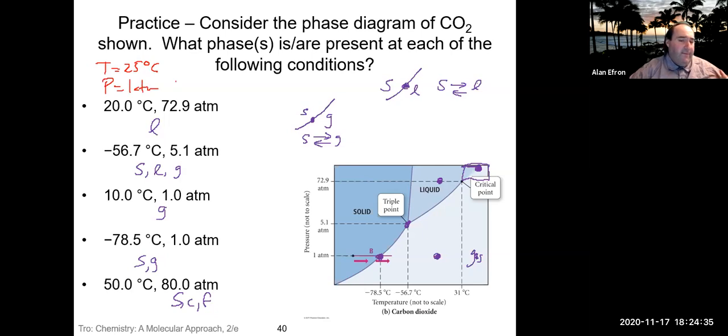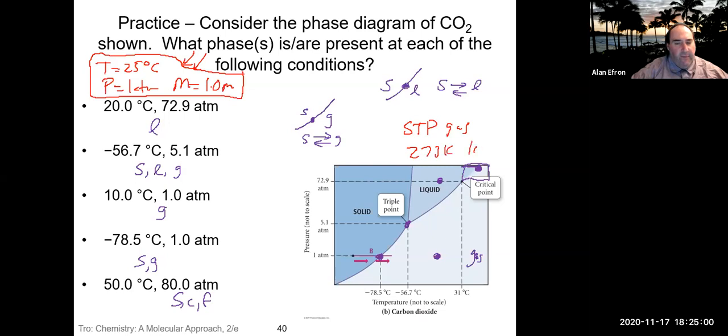If it involves concentration, it should be 1 molar. So when somebody says standard conditions, table conditions, or normal conditions, these are usually the three things in play. Again, as we talked about a second ago, STP for gases is 273 Kelvin and 1 atmosphere.